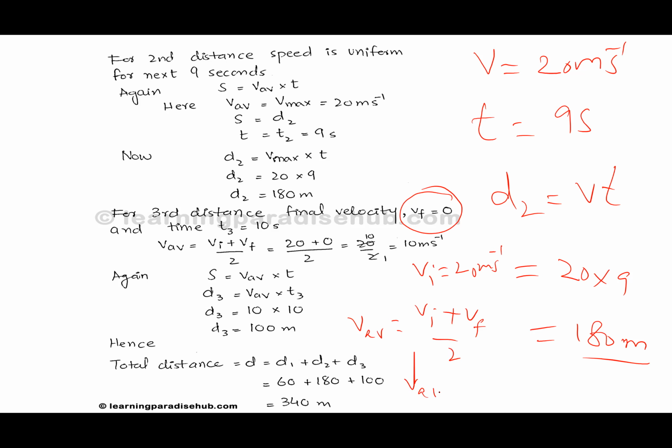I will write the value directly: 20 plus 0 divided by 2, which is 10. So the average velocity is equal to 10. Time is 10 seconds. Distance is 100 meters. So by using this formula, you will find the total distance.